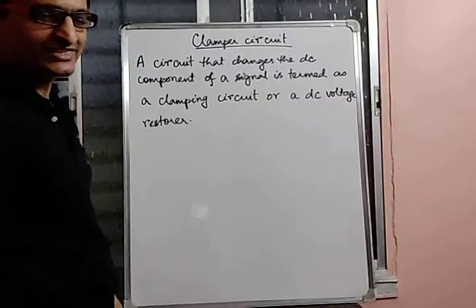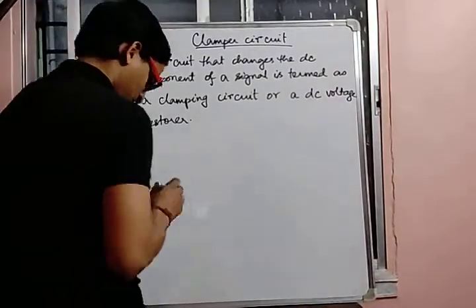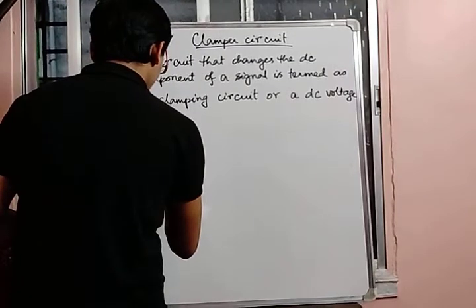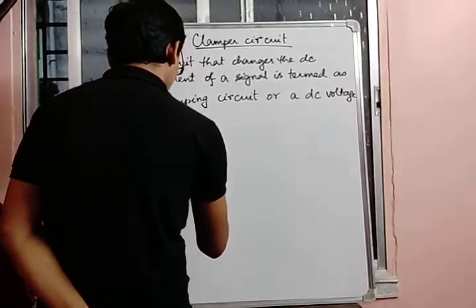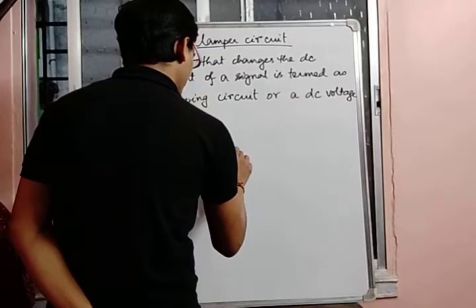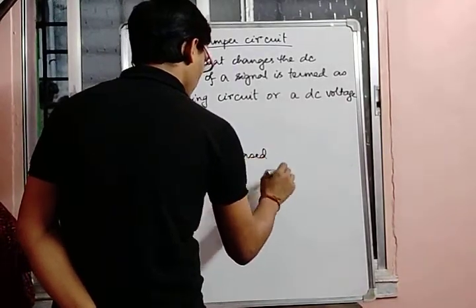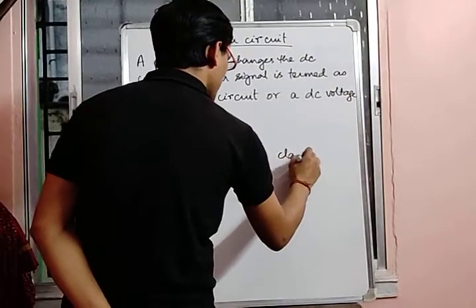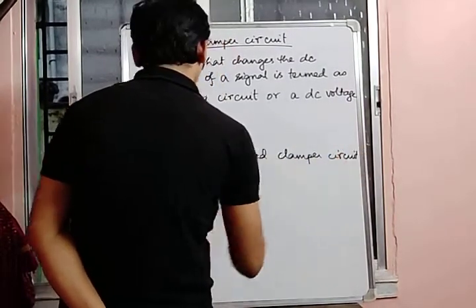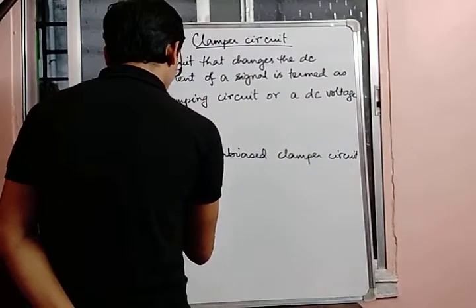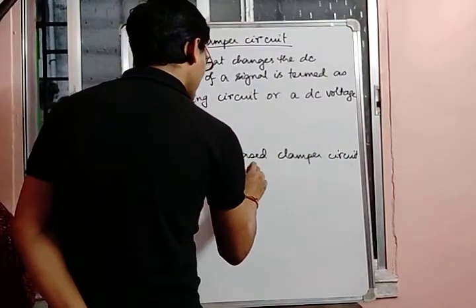So there are four types of clamper circuit. The first one is the positively unbiased clamper circuit. The second one is the positively biased clamper circuit.